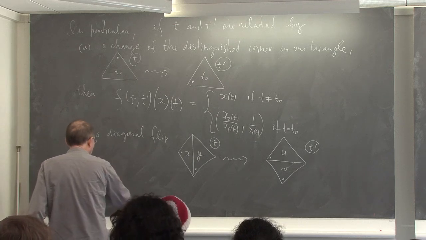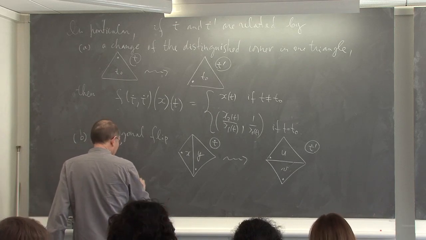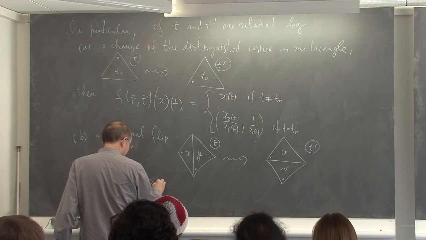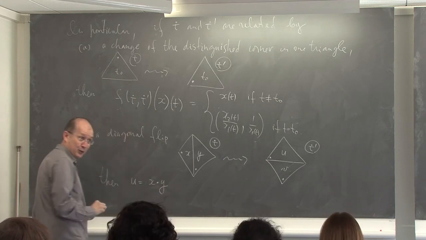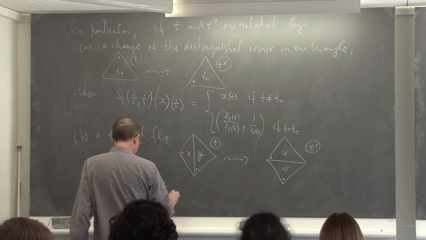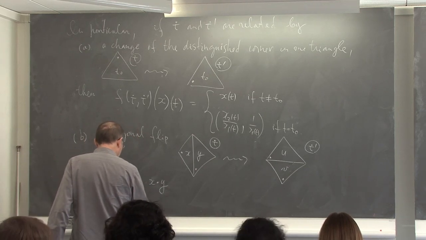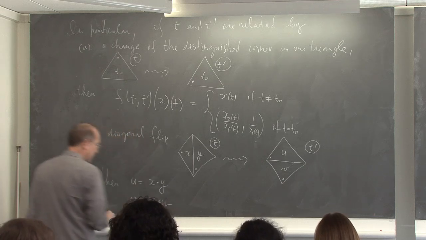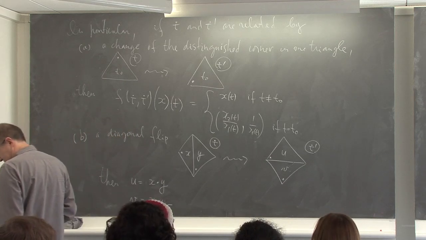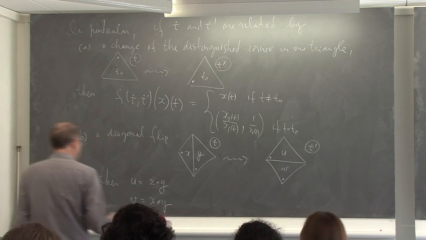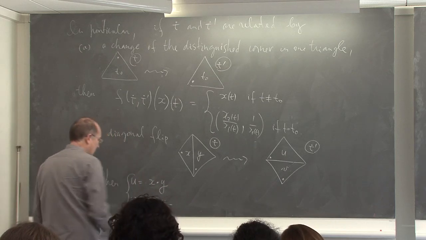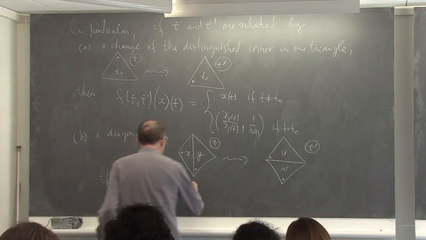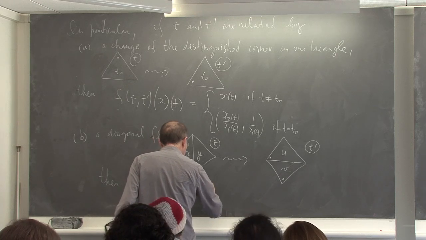Then we say that u is given as a certain function which I denote x dot y, and v is given by a certain function x star y. So I'm now going to give you what these two operations are.